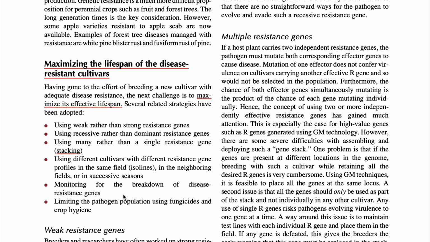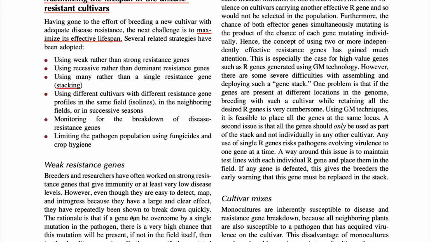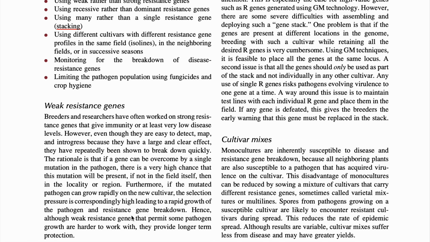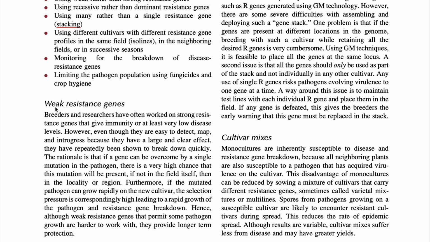Monitoring for the breakdown of disease resistance genes, and limiting the pathogen population using fungicides and crop hygiene. So these are the tactics that can be used to maximize the lifespan of disease resistant cultivars. We will see one by one what they are trying to say. First, weak resistance genes.